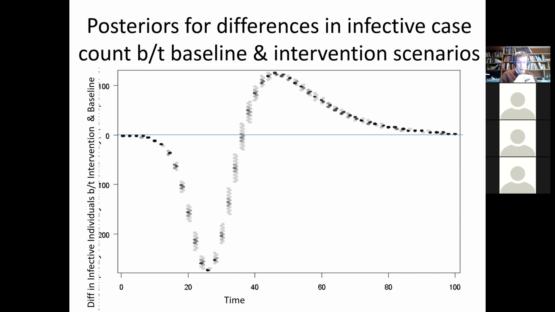We'll see that it goes negative and then it goes positive, but not quite so much, and down. In other words, the gain from the intervention can be evaluated as a distribution induced by these sampled parameter values. All we do is run it again and again with these sampled parameter values.